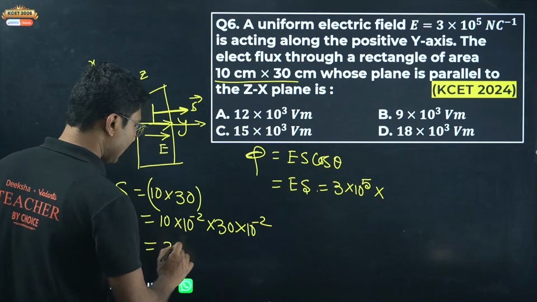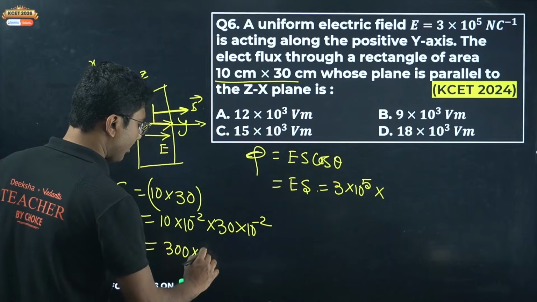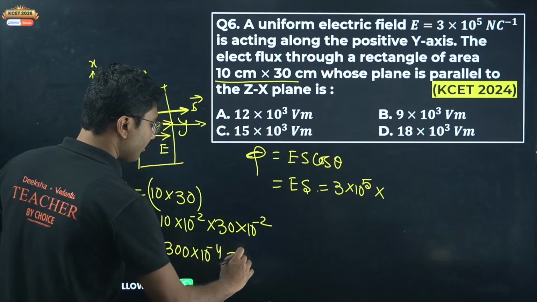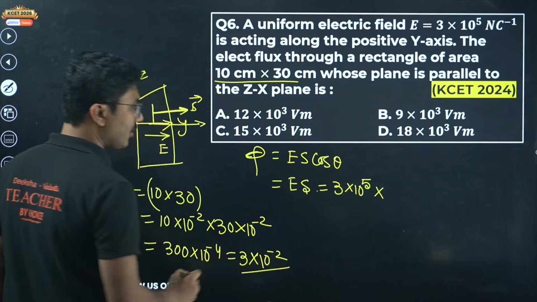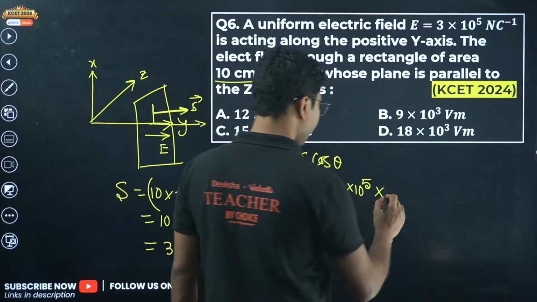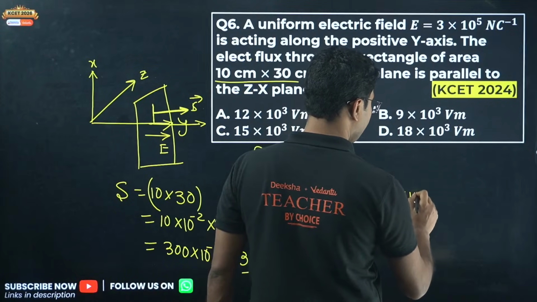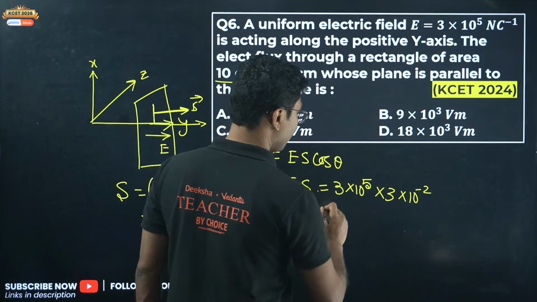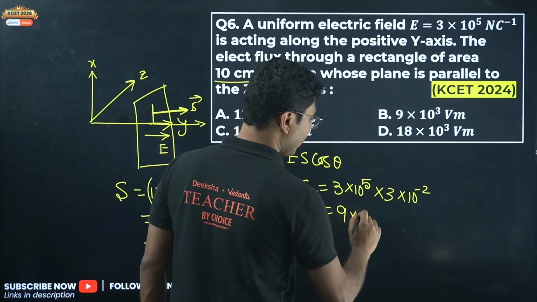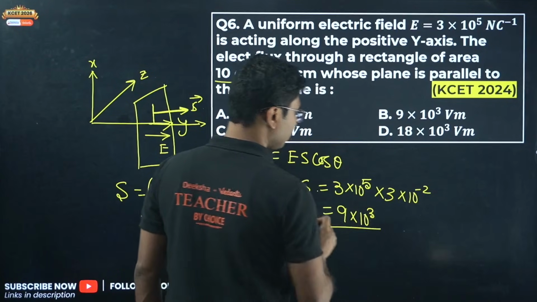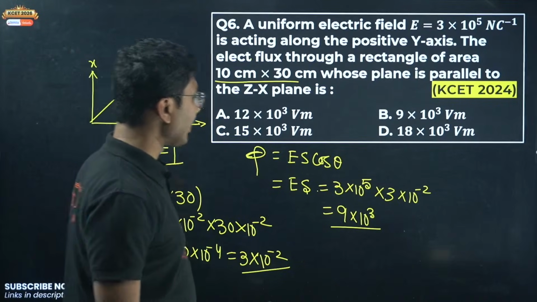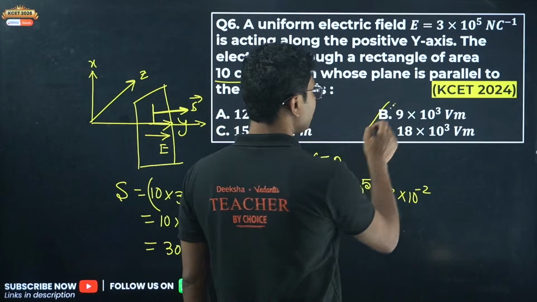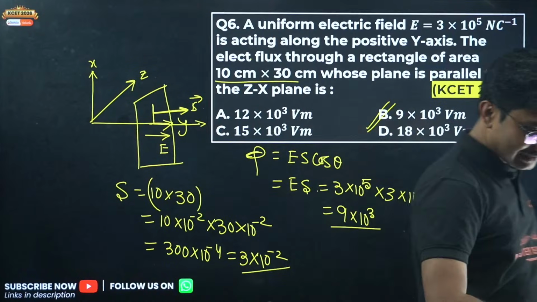So it will be 300 into 10 to the power of minus 4, or 3 into 10 to the power of minus 2. Now you have to multiply this with this. So the electric flux turns out to be 9 into 10 to the power of 3 volt meter. So option B is correct. Yes, 6B.